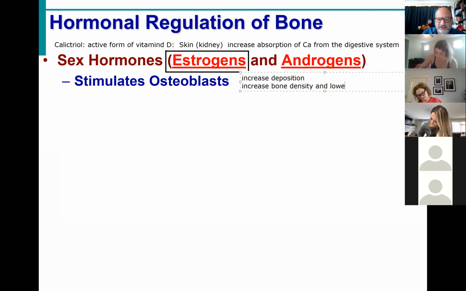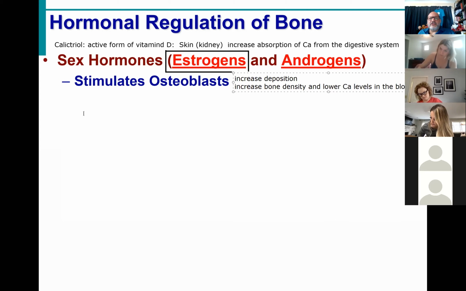So we are going to be lowering calcium levels in the blood. So those are basically the two main effects. So hold on, I need to move this out of my way here. Move that down there. Of our estrogens and androgens. They increase deposition, which increases bone density and lowers calcium levels in the blood. Excellent. So those are the hormones we've talked about already.